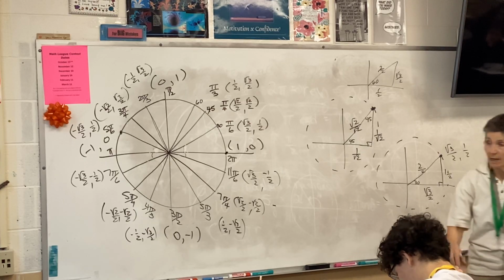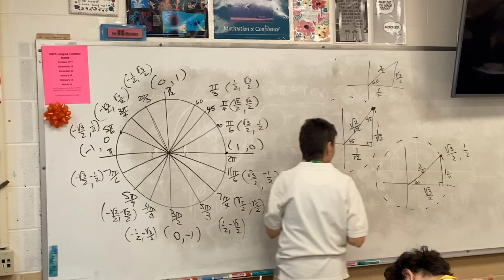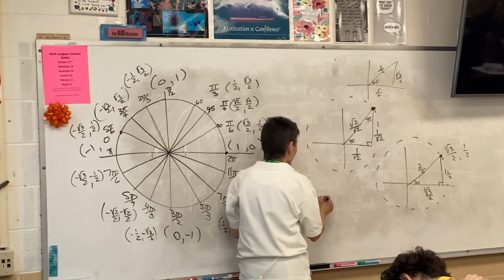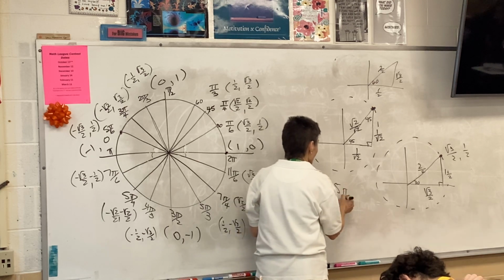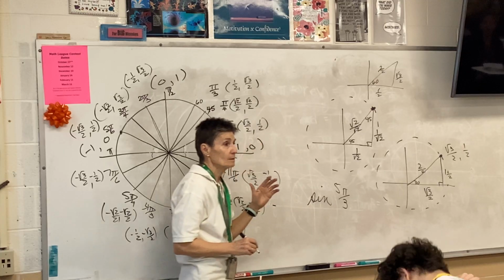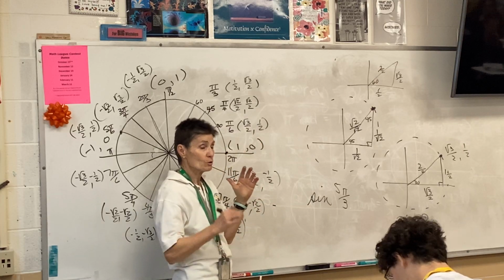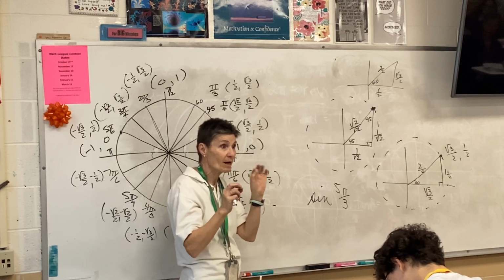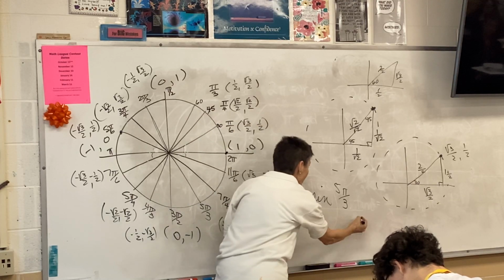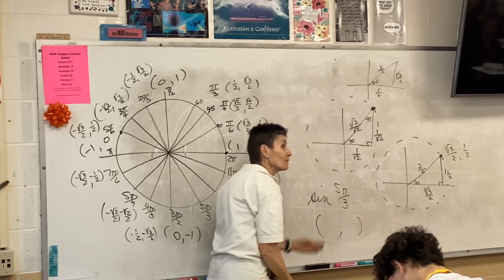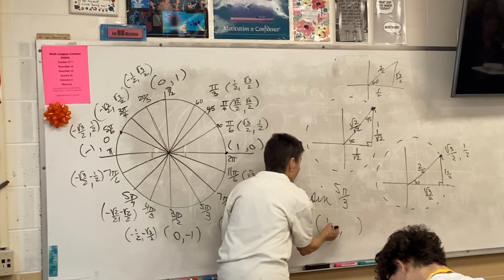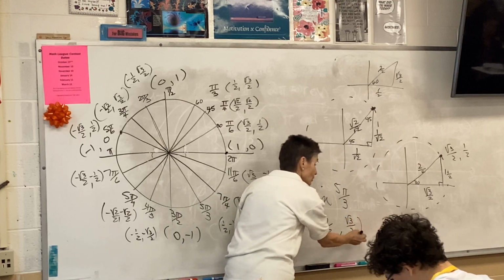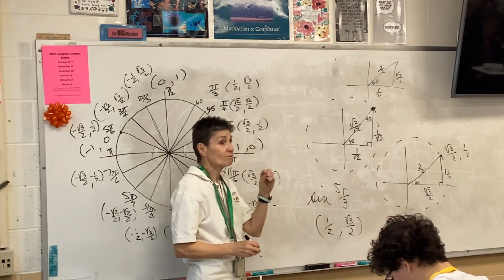Let me show you real quick how easy this is. If I said to you, find the sine of 5 pi over 3? First thing that pops into your head is, that's an over 3, that's a pi over 3. So that ordered pair on my circle, I got my pi over 3s memorized, 1/2, root 3 over 2, but where is 5 pi over 3?